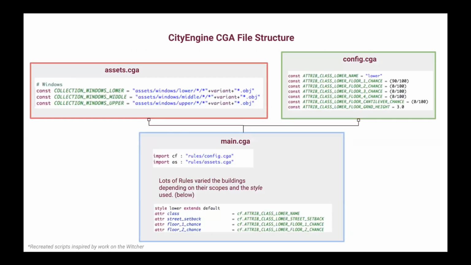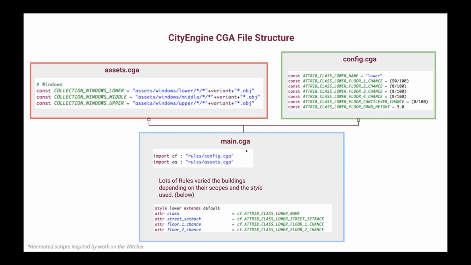This is just an overview, more in situ, of parts of the code, or recreated code that was used. This was using wildcards to point to the proxy geometries which the modeling department had made. The configuration file specified the lower ground height and the chances of there being 1 story or 2 story, etc. So an upper style building might have a 60% chance of having a 4th story created.